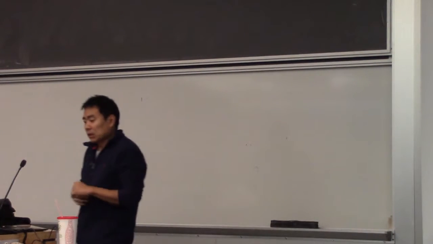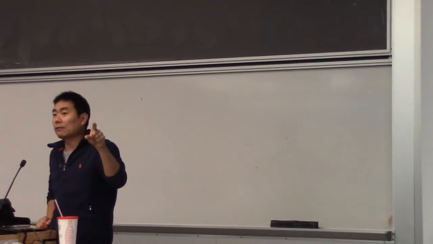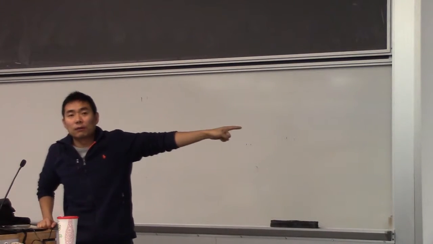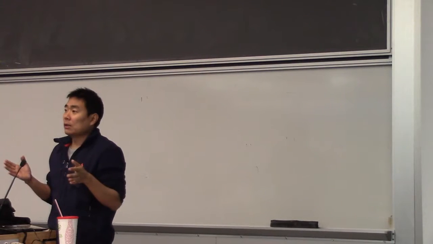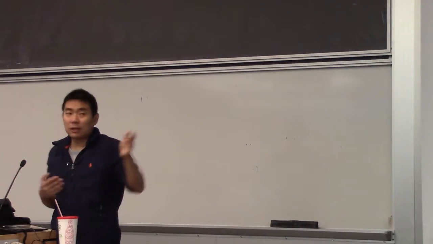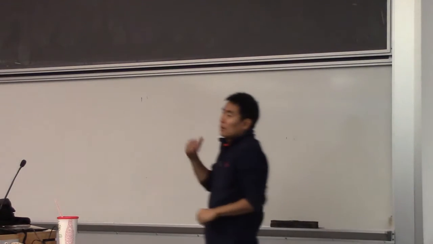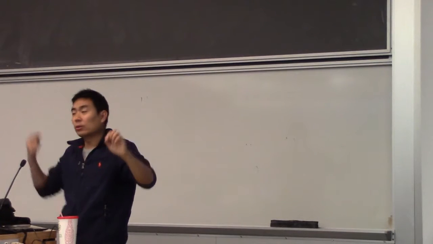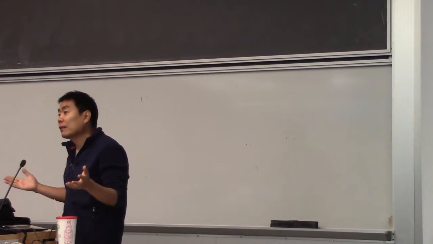I use this particular example to show you the difference between serializable isolation level and repeatable read isolation level. In particular, this particular setup is not in serializable isolation level. Why? Because at the end of the day, the state you reach is not the same as if you do T1 then T2, nor T2 then T1. That's why it's not serializable.